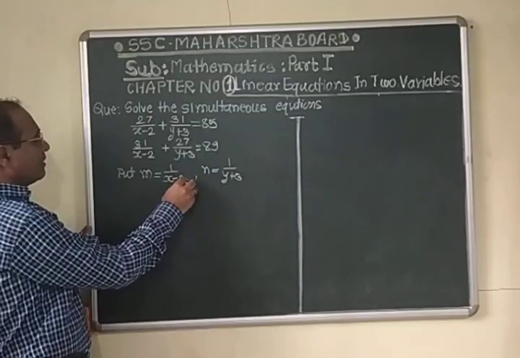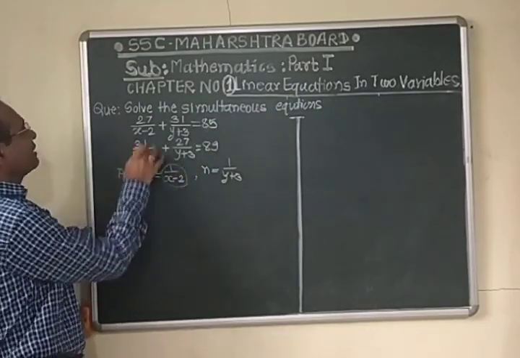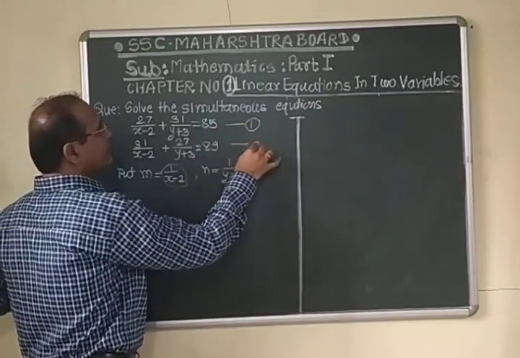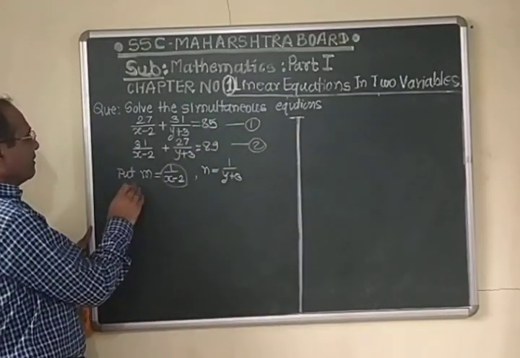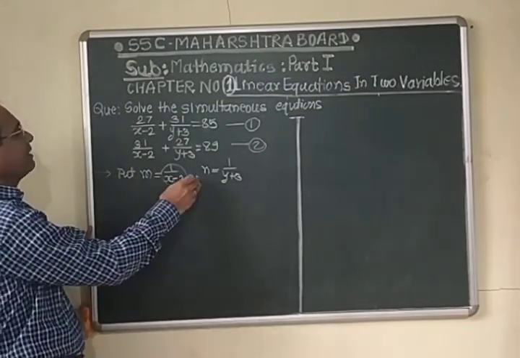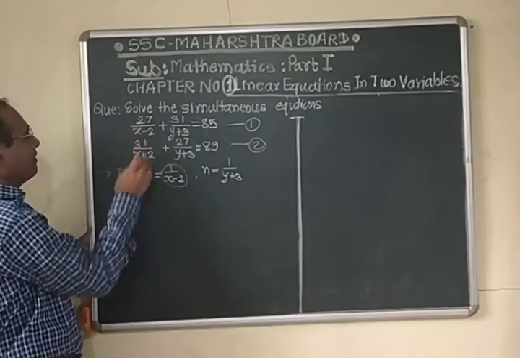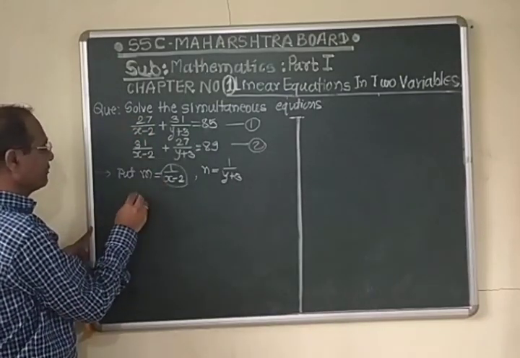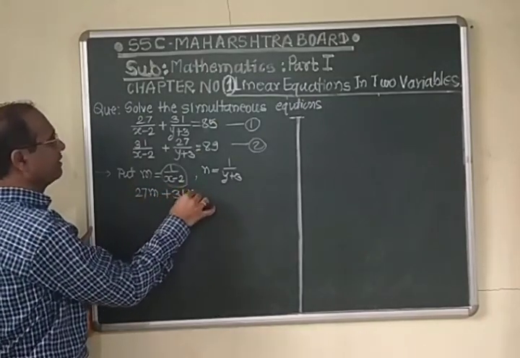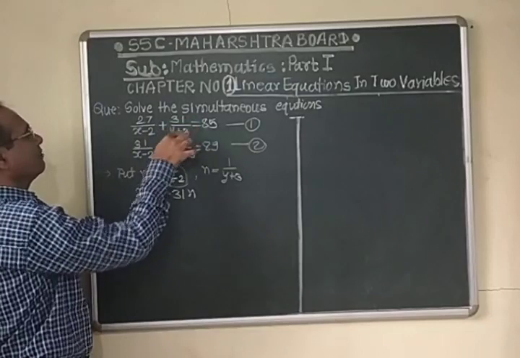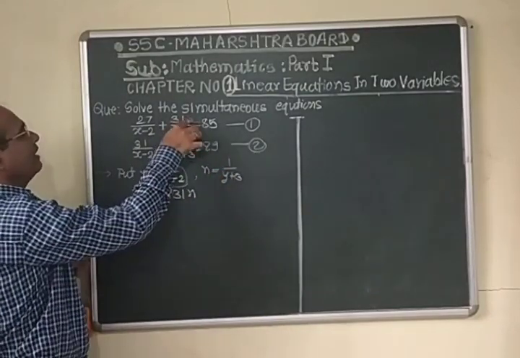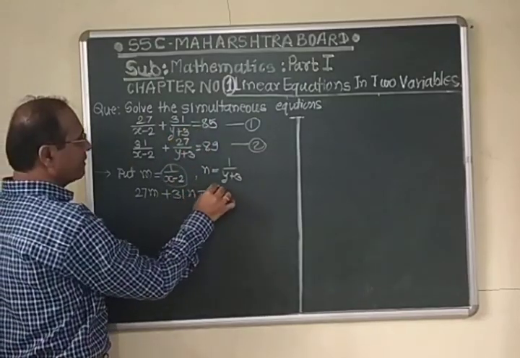If you put m as 1 upon x minus 2 in the first equation, I am numbering these equations 1 and 2, then what do we get? 27 upon x minus 2 is nothing but m, so we have 27m, and 31 upon y plus 3 is n, so we have 31n equal to 85.